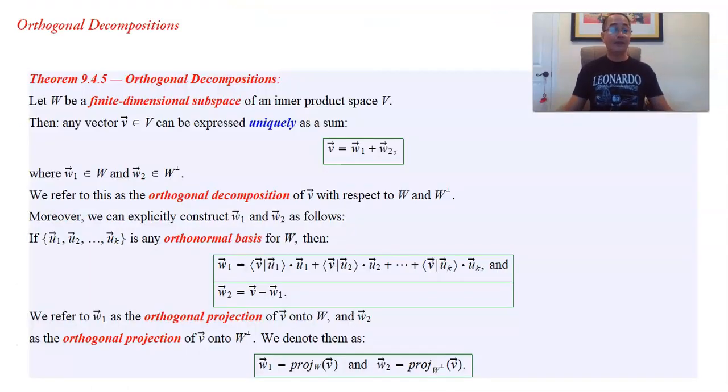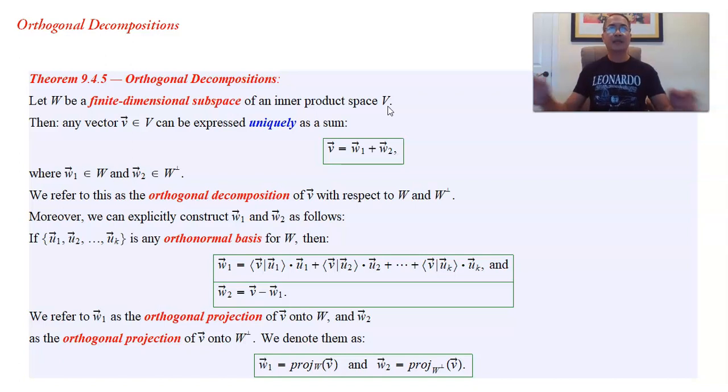All right, before you celebrate though, there is one more thing that we have to do, and that is to construct orthogonal decompositions. Suppose that W is a finite dimensional subspace of an inner product space V. I did not say that V itself is finite dimensional. No, only the subspace has to be finite dimensional.